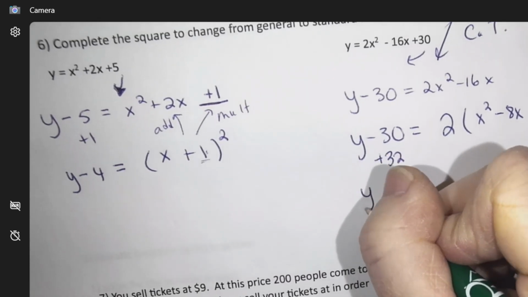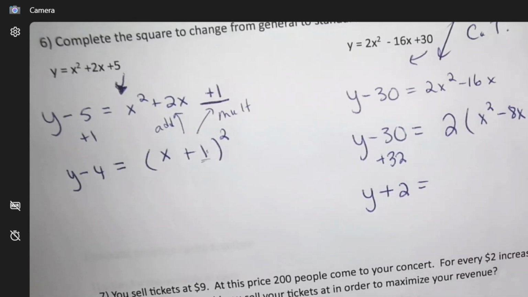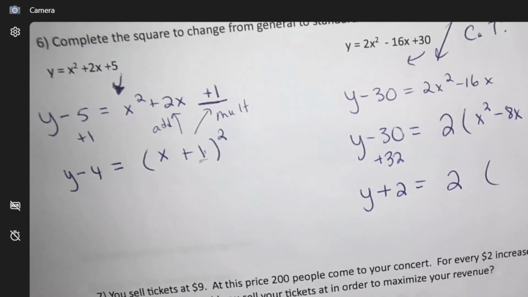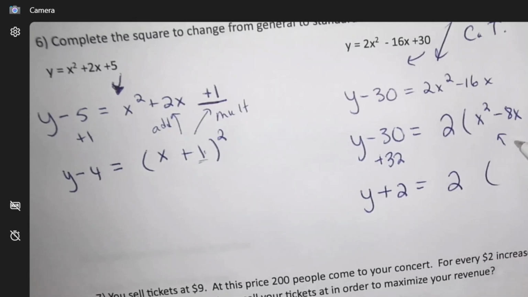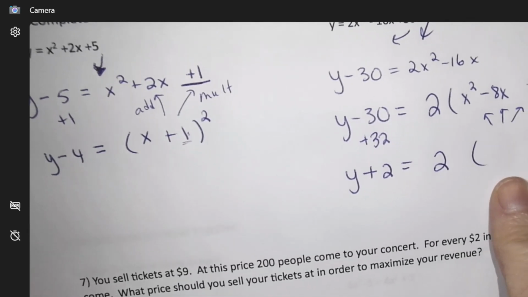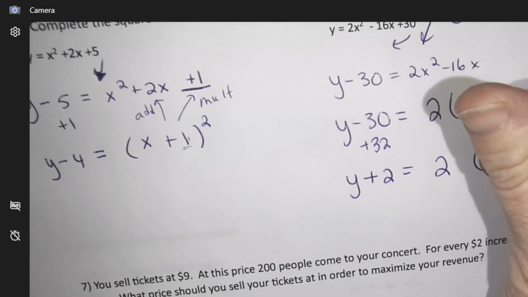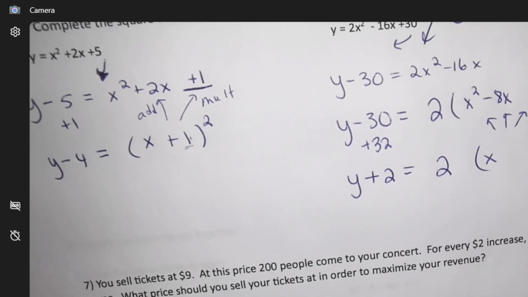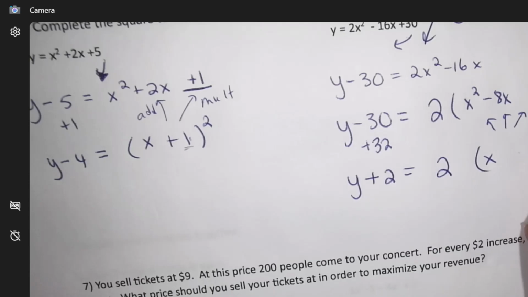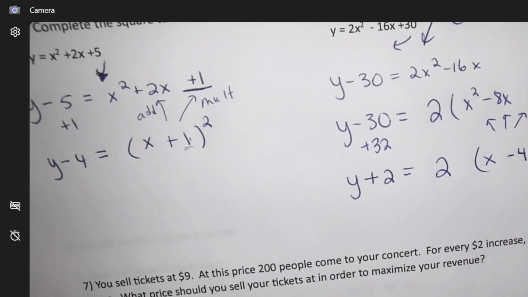So this is going to go y plus 2 equals 2 brackets perfect square. So I'm going to have to put an x because that's x times x. What multiplies to 16 and adds to negative 8? Negative 4.